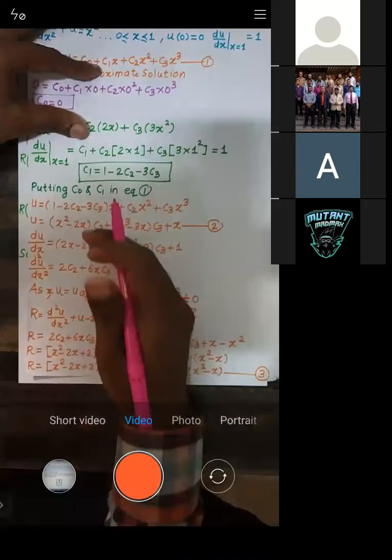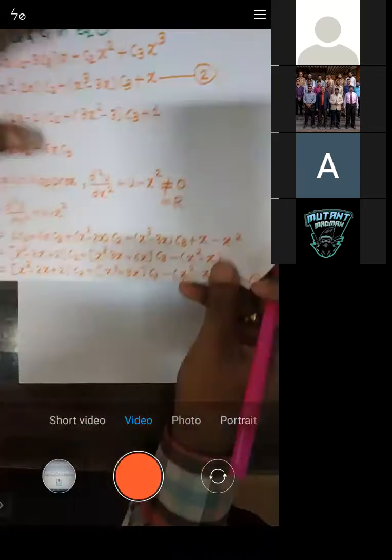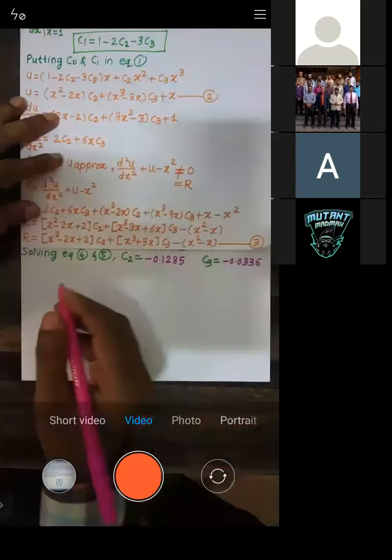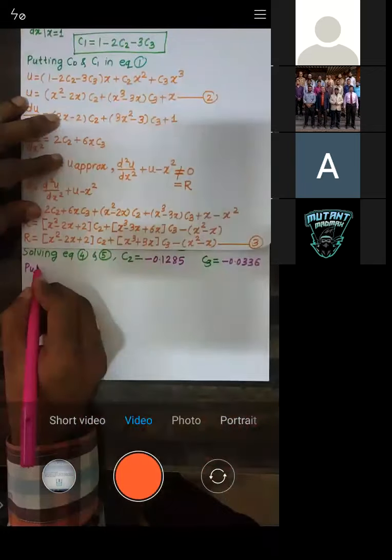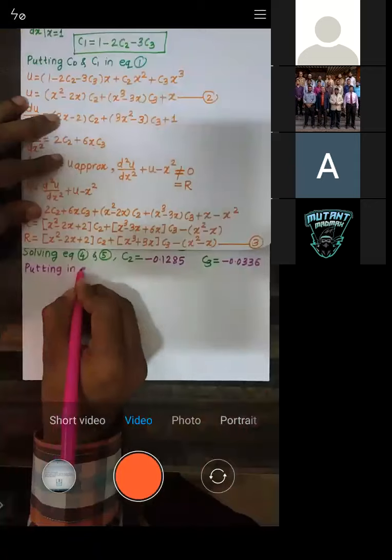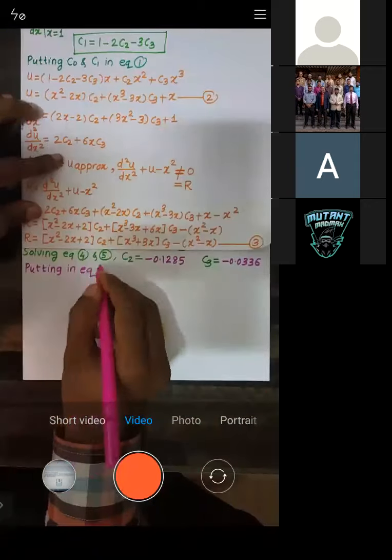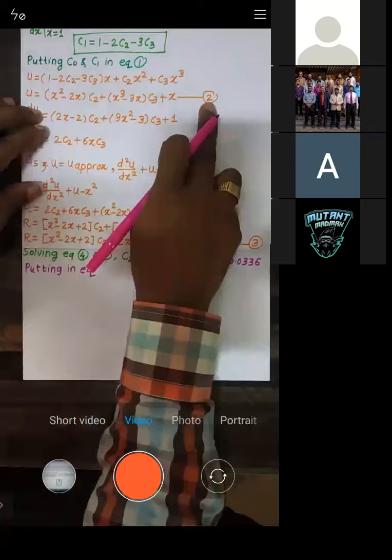Now that we have the values of the constants, I'll put these values in equation number 2.